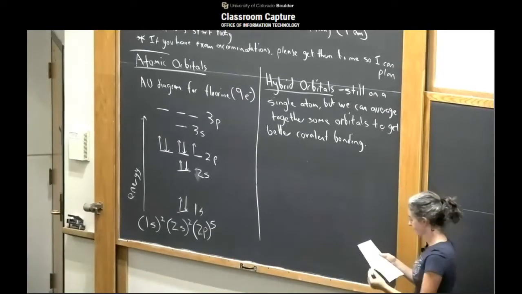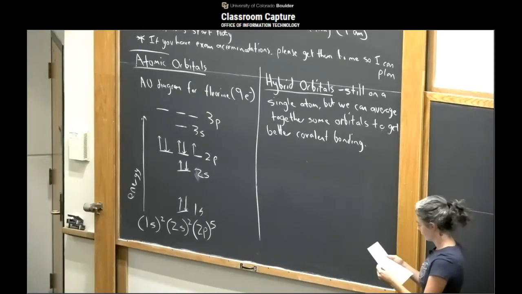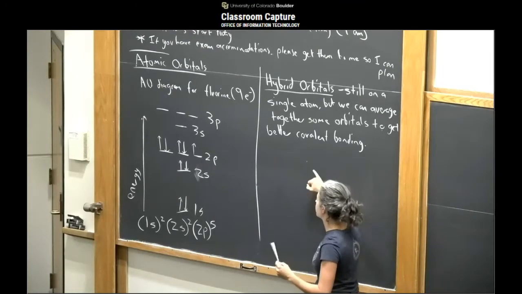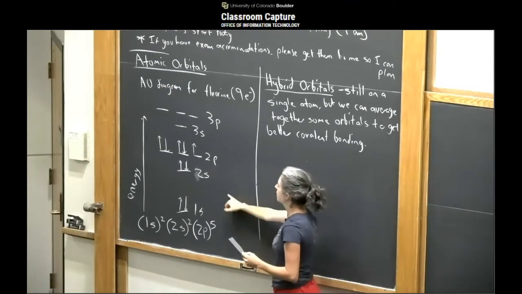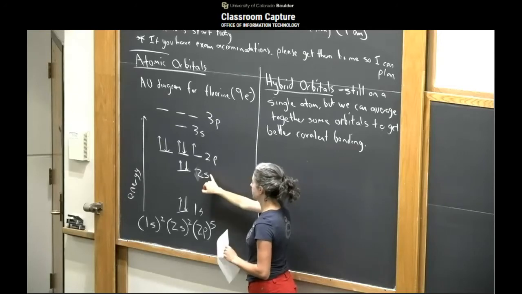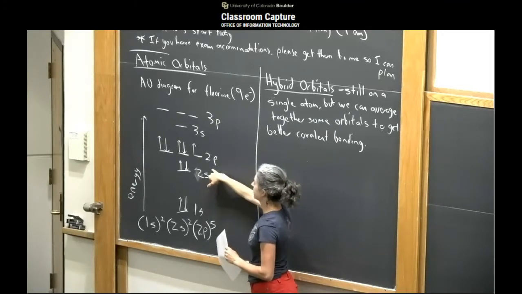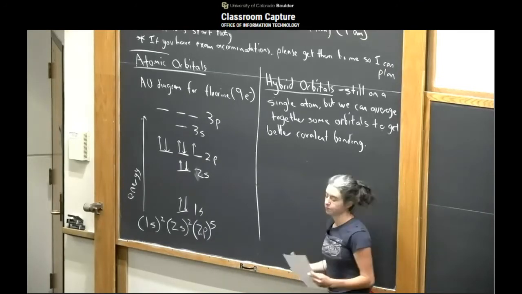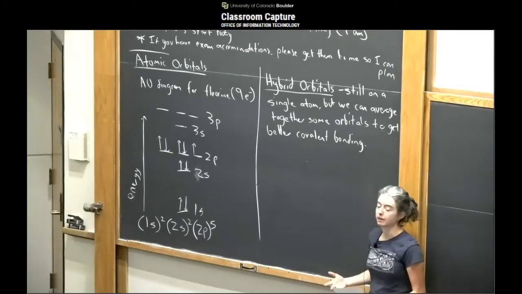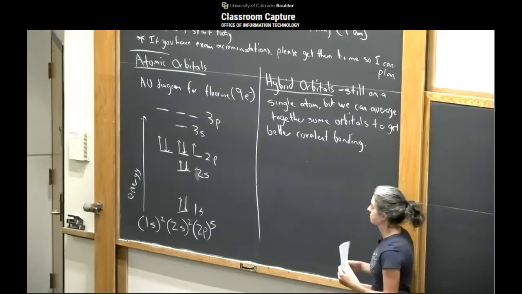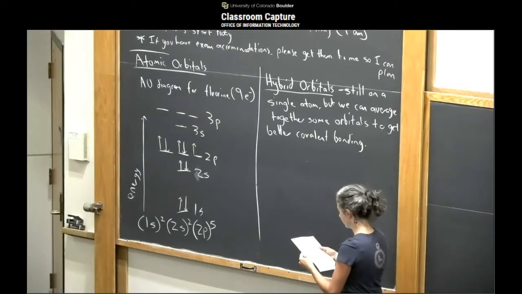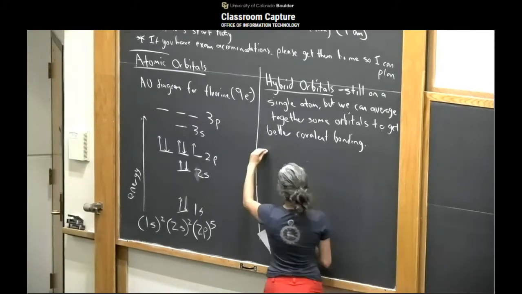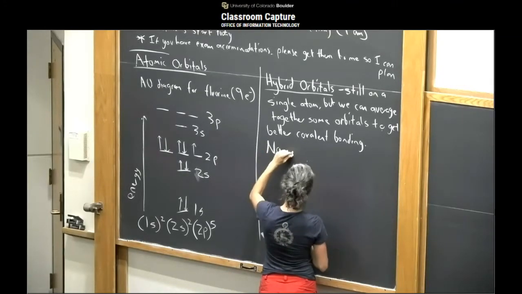This does cost a little bit of energy up front, because you are ultimately putting electrons into slightly higher energy positions than they would otherwise be. But it's more than paid for by the fact that you can get better covalent overlap and get energy back out of it that way. Okay, so we're going to name our hybrid orbitals after what we're averaging together.